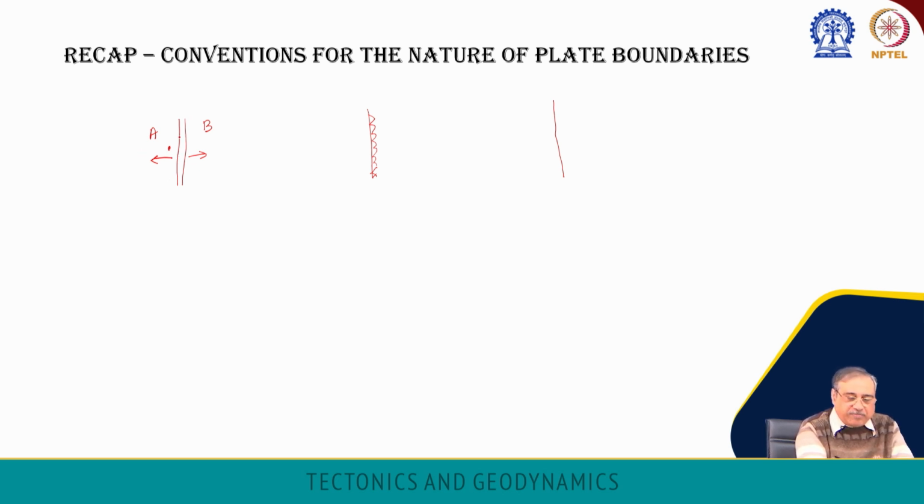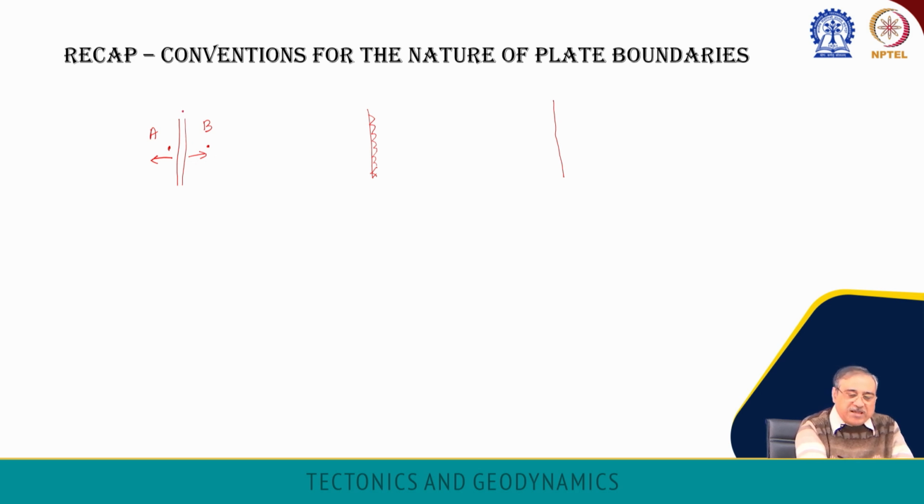However, to an observer on plate A, another observer on plate B will appear to move at twice that velocity. Therefore, the rate at which the new plate is being created may be 2 centimeters per year, but the relative velocity vector is actually twice that.